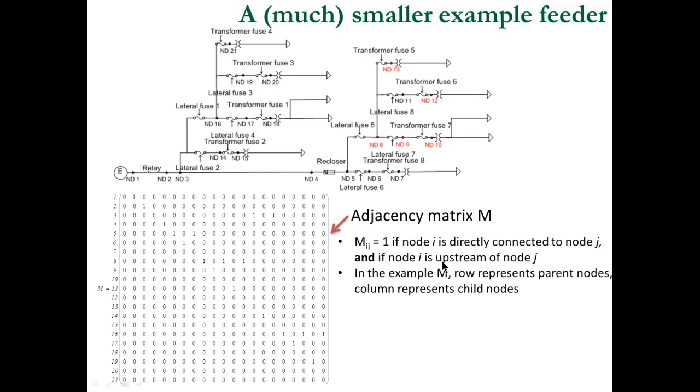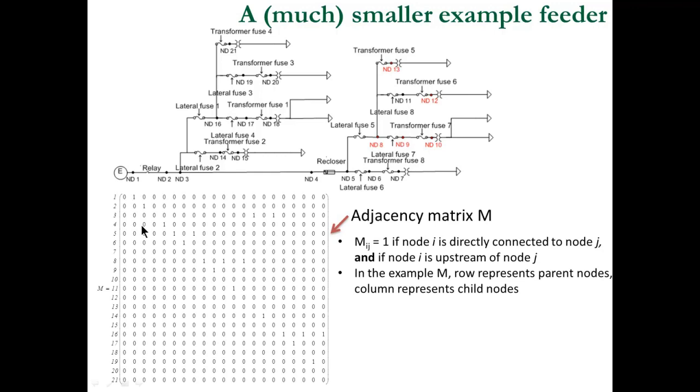Okay? So for example, the first row corresponds to node 1, and the second entry is 1. That is because node 1, which is here, is directly connected to node 2, and node 1 is upstream of node 2.